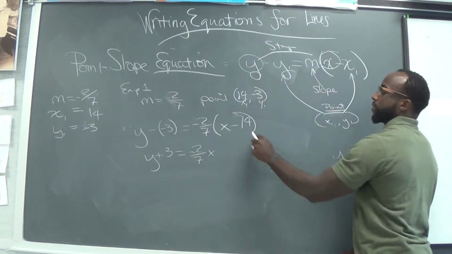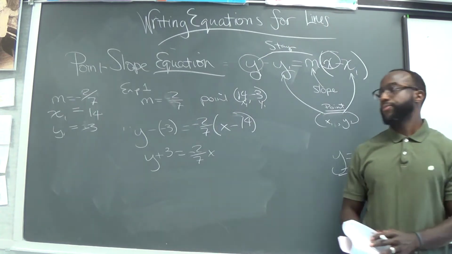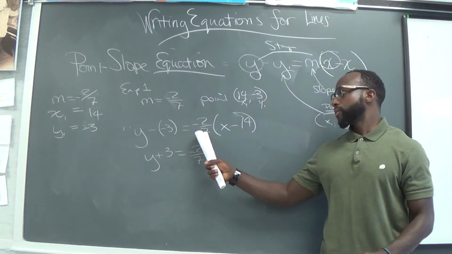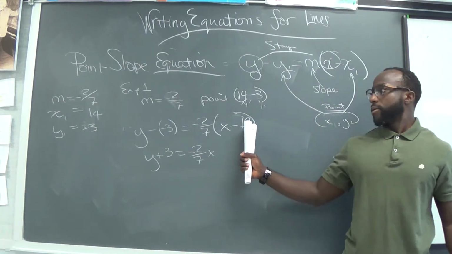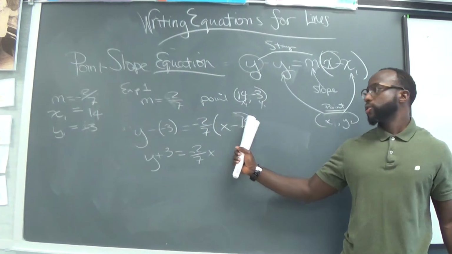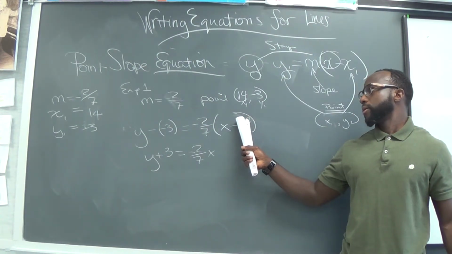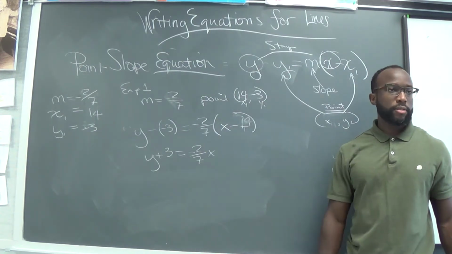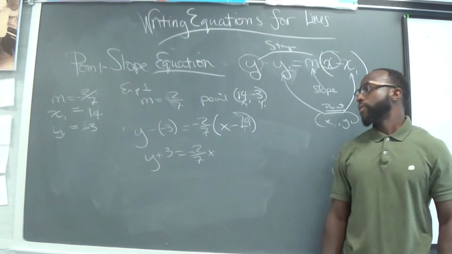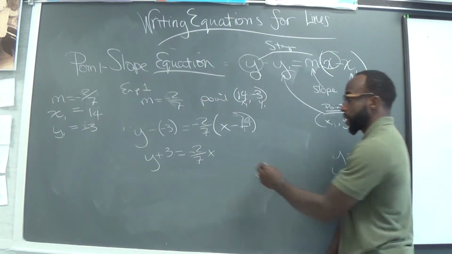And then negative 2 over 7 times 14. All right, let's look at what we got here. You got 2 over 7, you got 14 over 1. Can we cross cancel? So if you cross cancel, this would be 1 and this would be 2. So it'd be 2 times 2, which is 4. Positive 4 or negative 4?